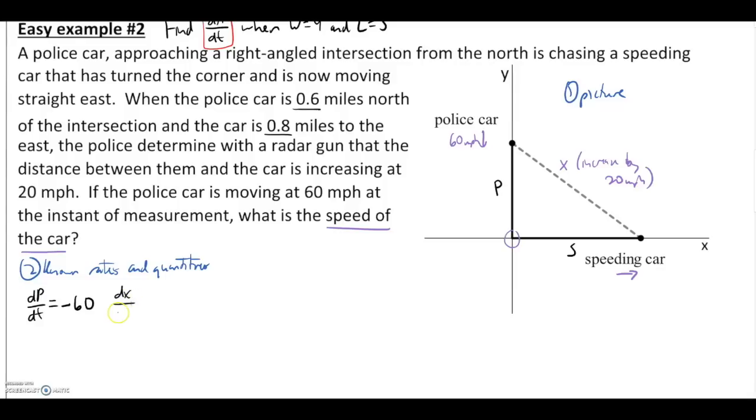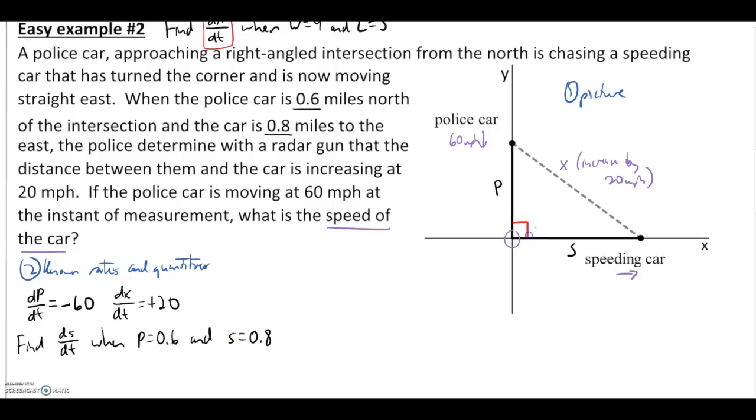The rate of change for x, the distance between the two cars, is increasing, so that's a positive 20 miles per hour. And what we want to find is the rate of change, the speed for this car, at the instant when p equals 0.6 and s equals 0.8.